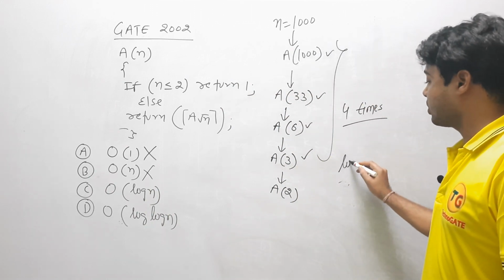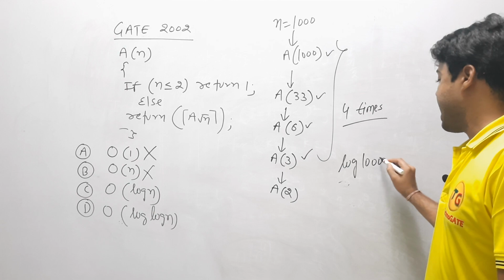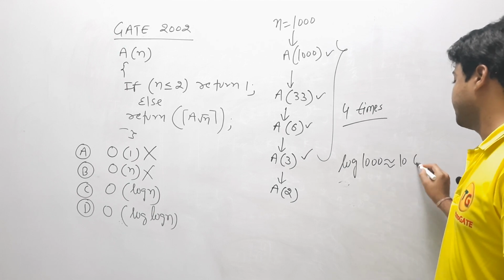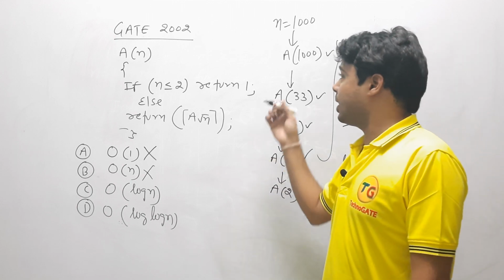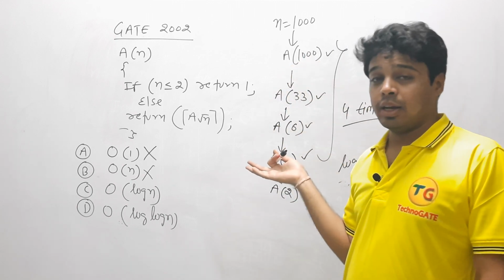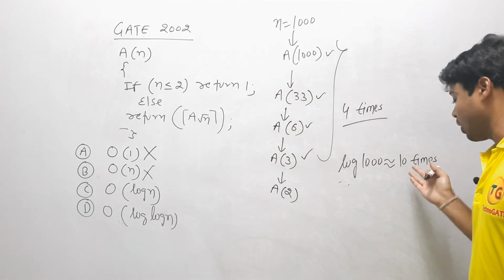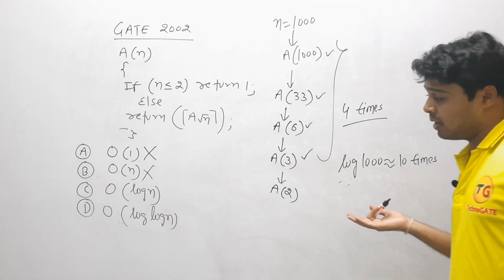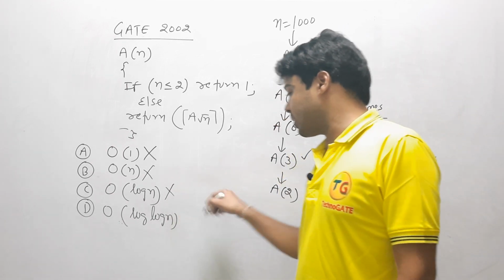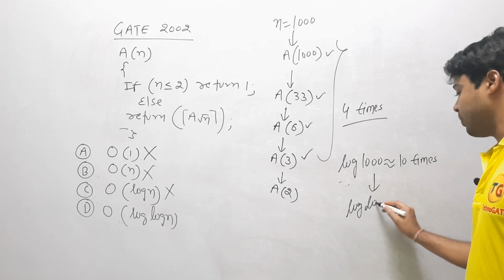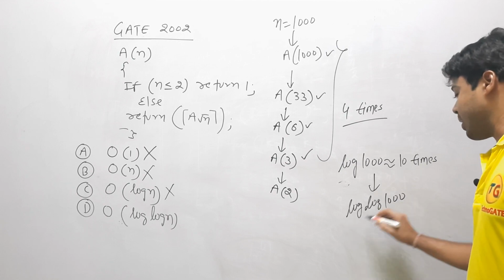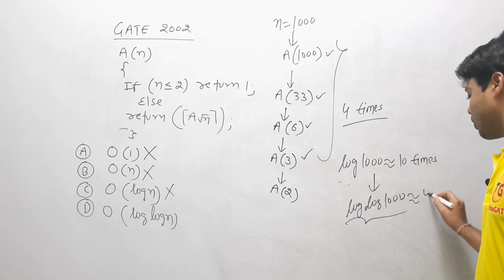Now log n. Log 1000 is approximately 10 times, but it will run only 4 times here. If we take log of 10 again, it is approximately 4. So after taking log again, definitely it gives approximately 4 times.